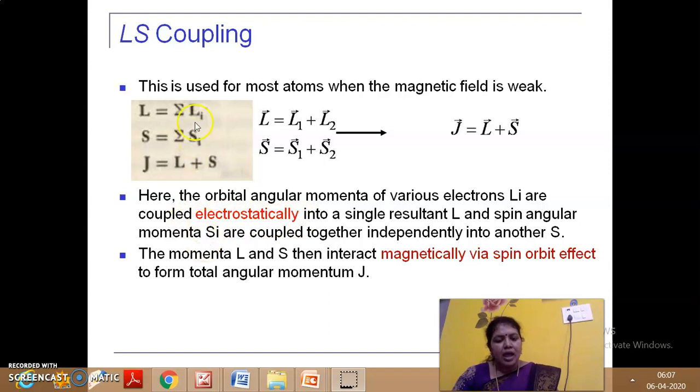And after forming the complete L and complete S, they would couple together via a spin-orbit combination magnetically and form the total angular momentum. This is LS coupling.